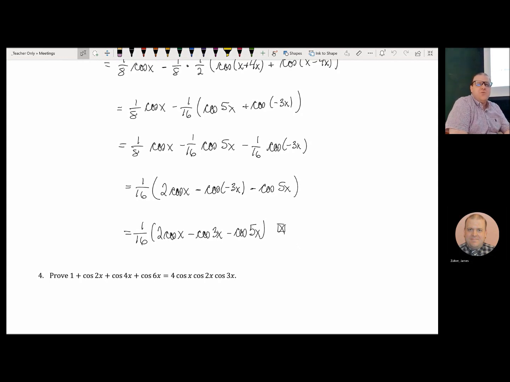One plus cosine of 2x plus cosine of 4x plus cosine of 6x is equal to 4 times cosine x times cosine of 2x times cosine of 3x.